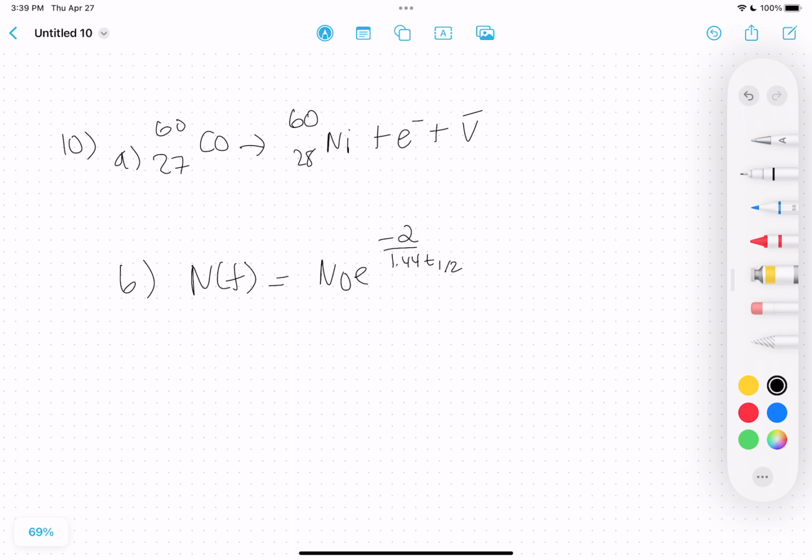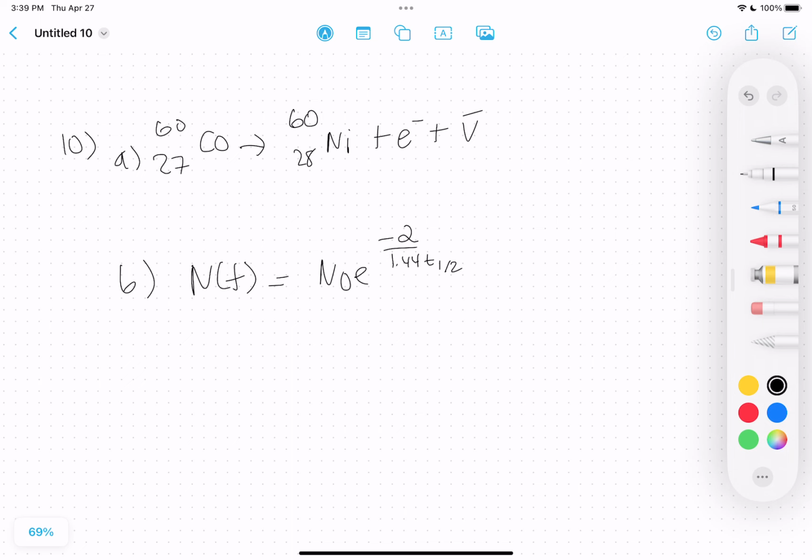Whatever you find for N_t, let's say you get 16 and you started off with 20, then 16 is what's left over that hasn't decayed, and you divide by 20, what you started with, to get the percentage that has not decayed.